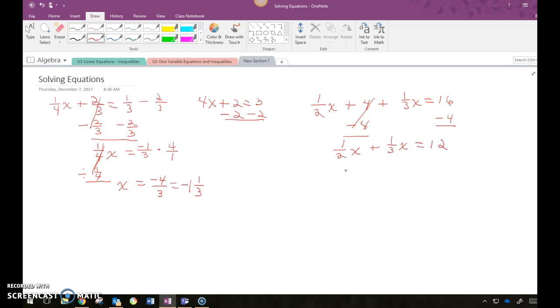Now I've got to add 1/2 and 1/3 together to combine my like terms. So I need to find a common denominator. This is a pretty simple process that we really have kind of failed to teach you guys well. What we want to do is multiply 2 times 3 to get our common denominator. That's 6. Next, we're going to multiply 3 times 1 and get 3. This is an addition problem. We're going to multiply 2 times 1 and get 2.